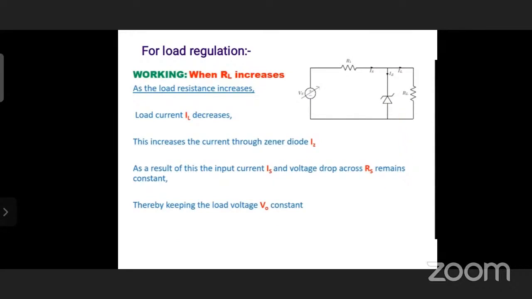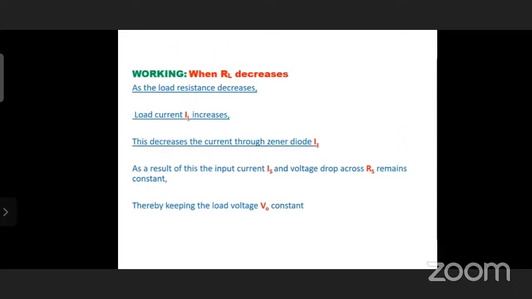But when we decrease the load resistance, the load current IL will increase. This decreases the current through the Zener diode, and as a result the input current IS and voltage drop across RS remain constant, and we get a constant regulated voltage V0.